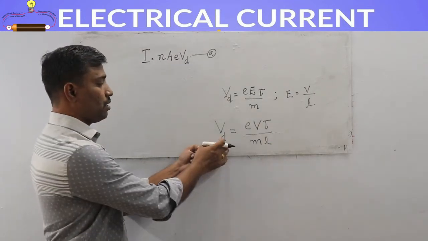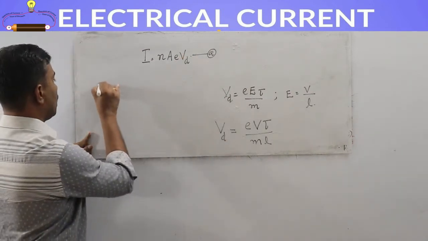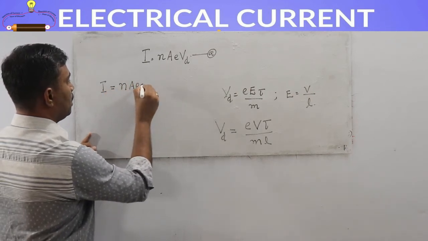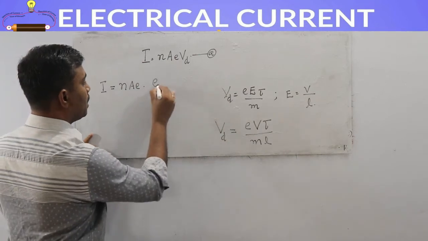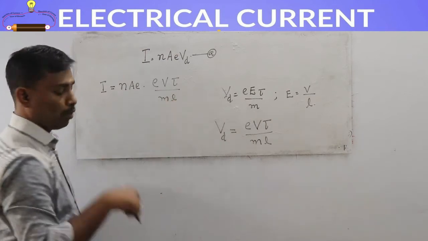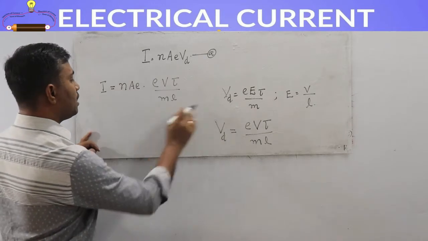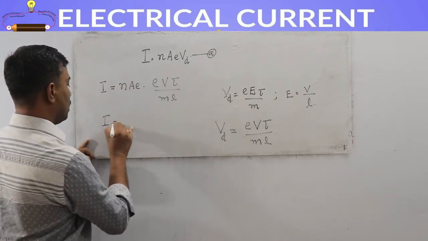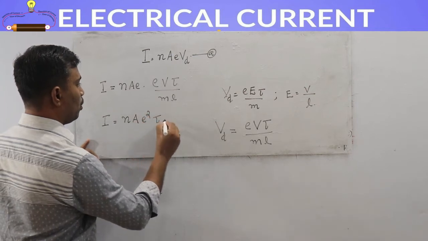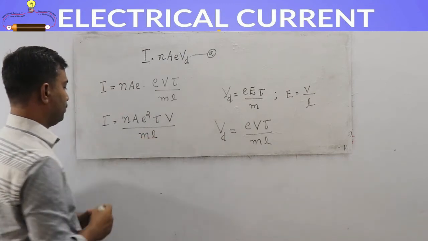Then we substitute this Vd in equation number A. We get the current I is equal to nAe into Vd, which is eV tau by mL. By rearranging this equation, we can write I is equal to nAe square tau V by mL.